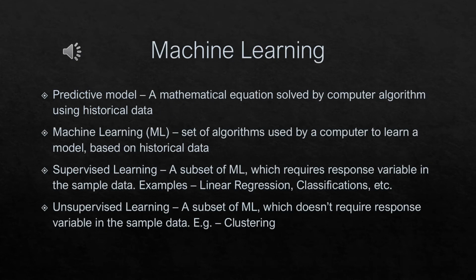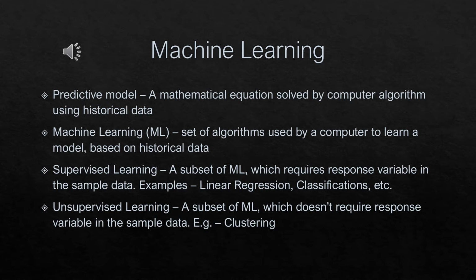In data science, we use machine learning to build the predictive models. And this predictive model is nothing but a mathematical equation solved by computer algorithms using historical data. So we use historical data and certain algorithms and we put them together to come up with a mathematical equation, which is known as a predictive model, which predicts the response variable.